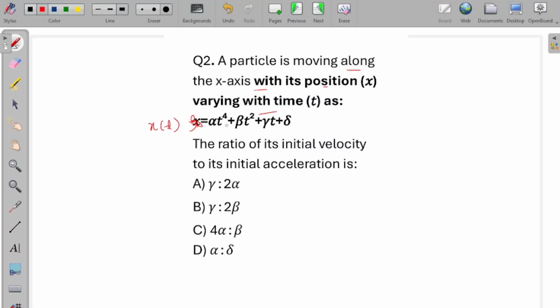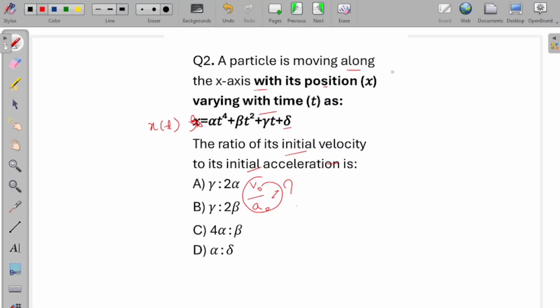Xt is equal to alpha t to the power 4 plus beta t square plus gamma t plus delta, the ratio of its initial velocity to its initial acceleration is. So we are supposed to find the ratio of initial velocity to initial acceleration. This is what we have to find out, right?